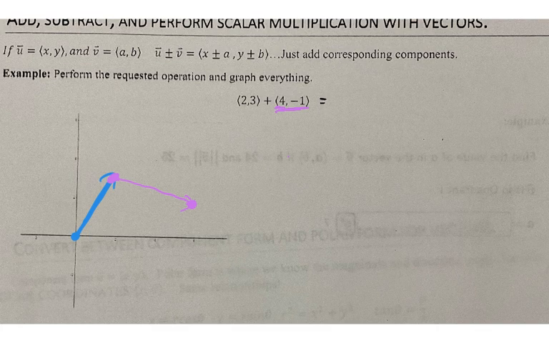So I put it at the tail, or the end, of the previous vector. Now, if I had a vector that started where the blue one did, but ended where the purple one did, what would be its component form? 6, 2. I went right 6, I went up 2, which means the component form is 6, 2.